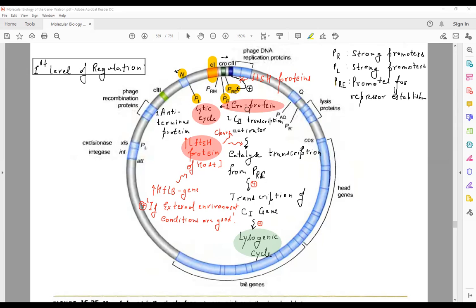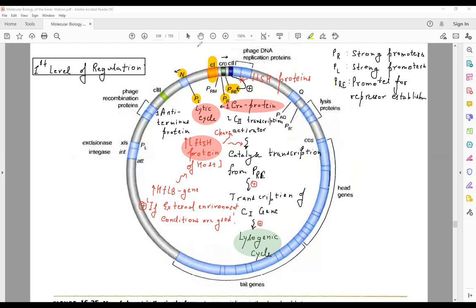Okay, CRO protein will go and inhibit transcription from PL and PR. So which transcription is going to take place? The CRO protein will then catalyze the transcription only through the PRM that will inhibit the transcription of the CI gene. The PR and PL will be activated and all other genes will be transcribed.